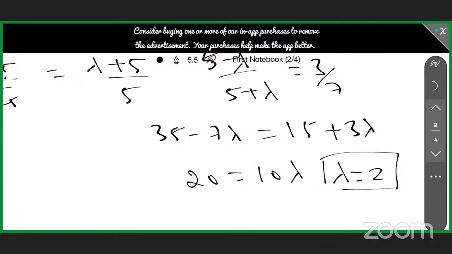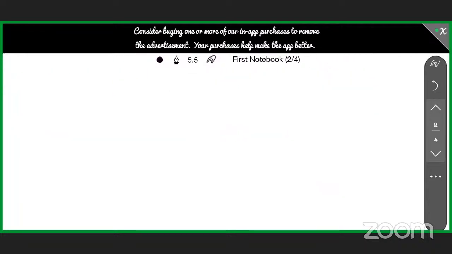The next problem is: a straight line is perpendicular to the line 2x minus 3y plus 7 is equal to 0.